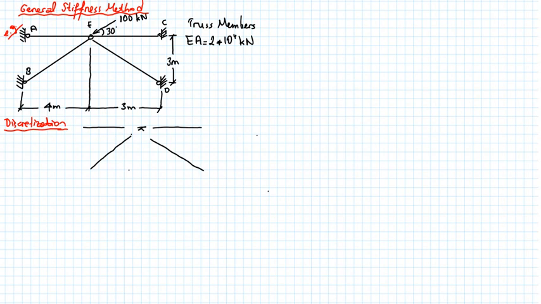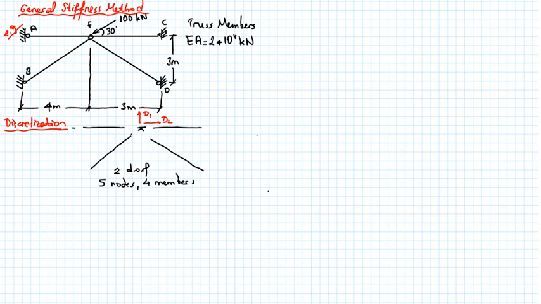Now, since this is a truss structure, I don't worry about the rotation. I got only translation in the vertical direction at node E and translation in the horizontal direction at node E. So we got 2 degrees of freedom, 5 nodes, 4 members.